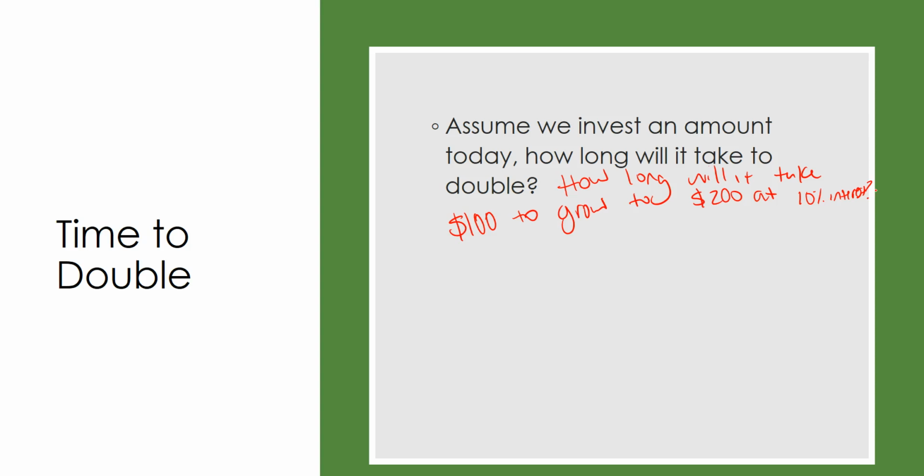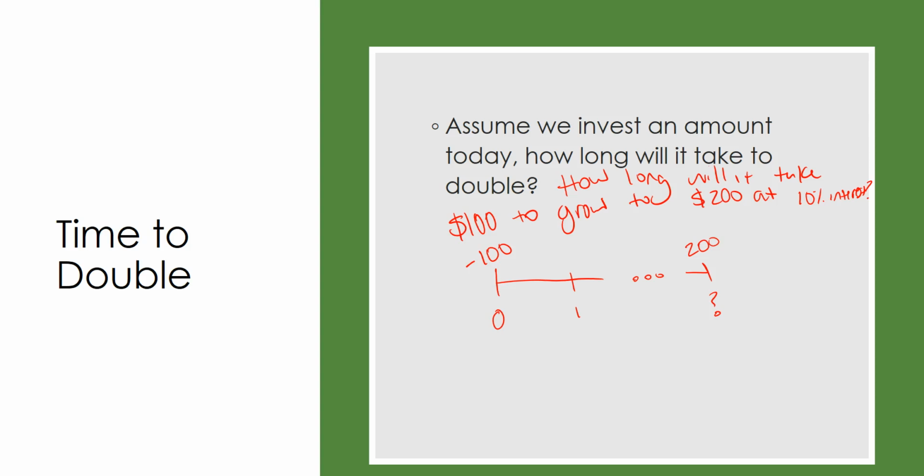So, let's put this on a timeline. Same thing we always do. Today, we are going to deposit $100. That's a negative 100. We're taking money out of our pocket, putting it into an account. So we have negative $100 cash flow. We're going to deposit this money for some period of time. We don't know how long, but when we withdraw it, it will be worth $200.